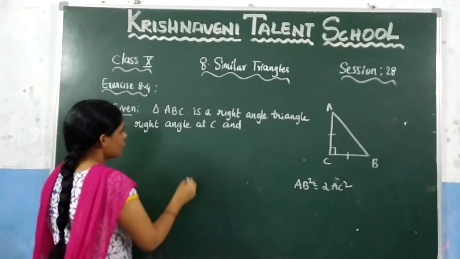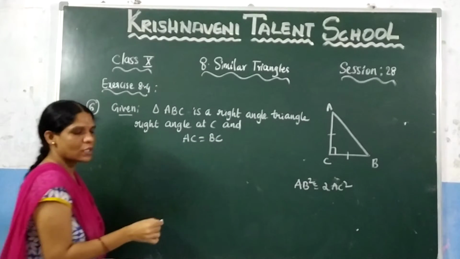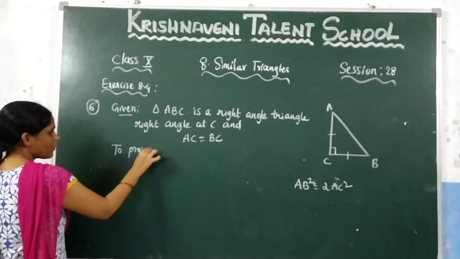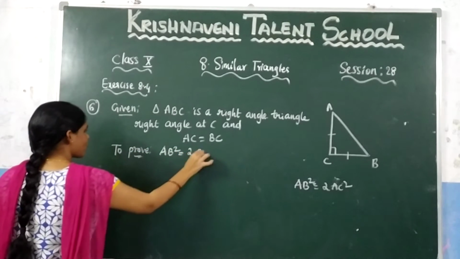That means it is an isosceles triangle. So write it here, AC is equal to BC. Now what we need to prove? We need to prove AB square is equal to 2AC square.